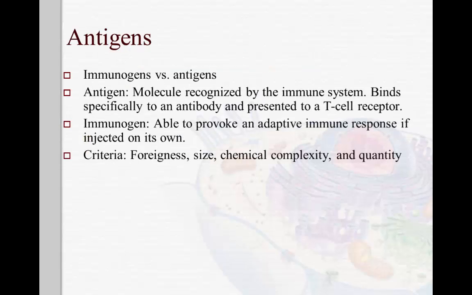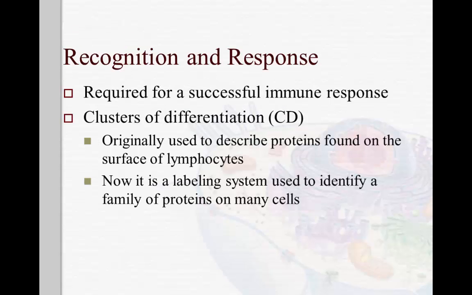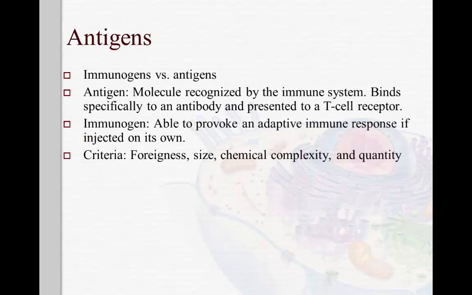Now, not all the antigens are immunogens. For an antigen to be an immunogen, they must induce an immune response. So basically, again, what is an antigen? It's a molecule recognized by the immune system. It's a foreign molecule. It's a non-self that has to be presented to the immune system by either the antigen-presenting cells, the clonal diversity, the cluster of differentiation, dendritic cells, or macrophages.